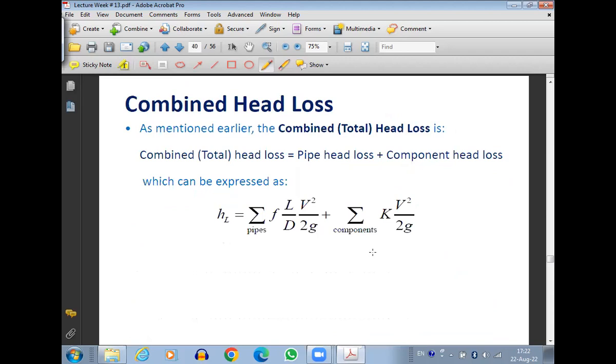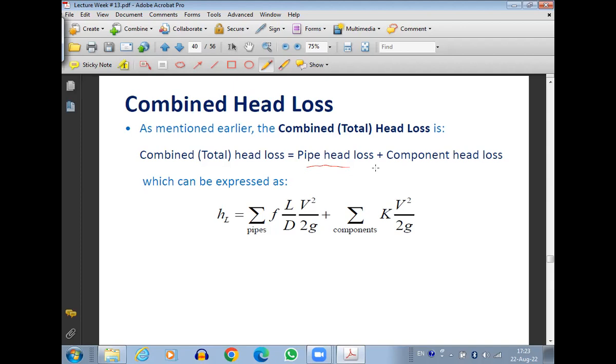Now the combined head loss. Whenever you have a piping system, it is composed of large pipes and then components. One pipe may be connected to a bend, connected to another pipe, then you might have a valve, then another pipe. So it will be composed of multiple pipes and multiple connections. Wherever you have a specific pipe, you have a pipe head loss associated with it, and wherever you have a specific component, you have a component head loss.